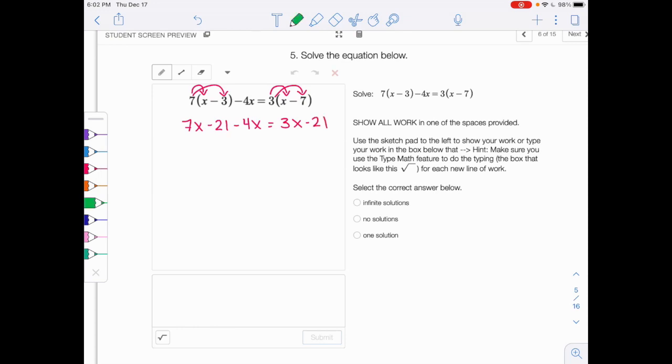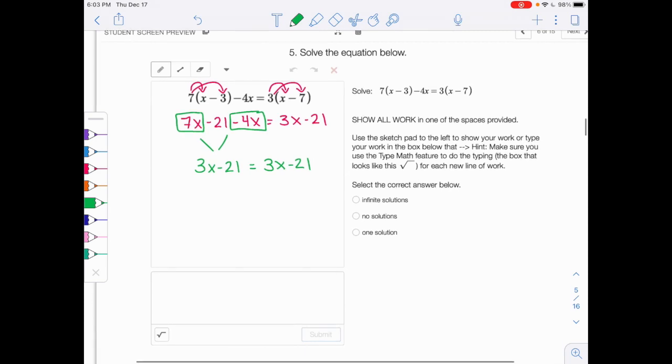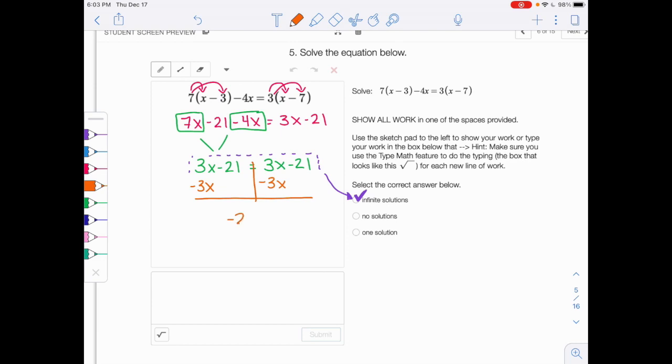You have a couple options here. My best bet is to combine like terms on one side of the equal sign. So this gets me 3x minus 21 equals 3x minus 21. You might be able to recognize at this point that since you have the same thing on both sides of the equal sign, it is infinite solutions. However, if you don't recognize that yet, my advice would be to subtract 3x from both sides so that you end up with negative 21 equals negative 21, which also still implies infinite solutions, right?